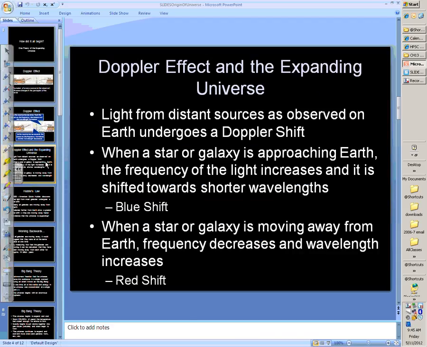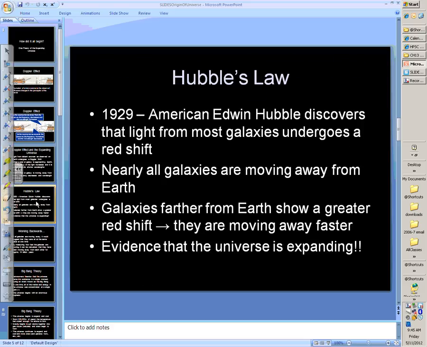But in observation of light coming from distant galaxies, we see that light undergoes a Doppler effect, either towards the red side, meaning that those objects are moving away from us, or towards the blue side, meaning the object is moving towards us. So we take these observations, and then Hubble, back in the 20s, put them together.